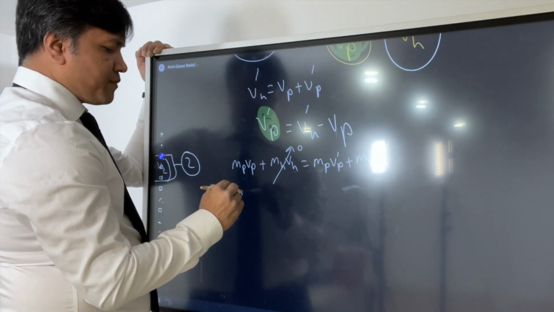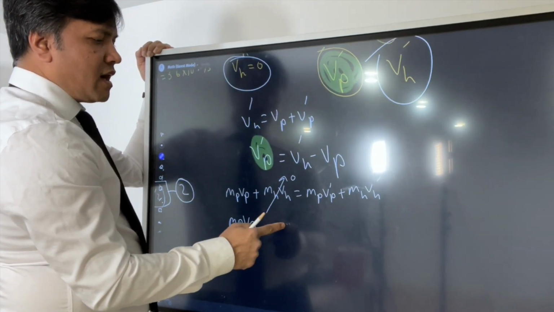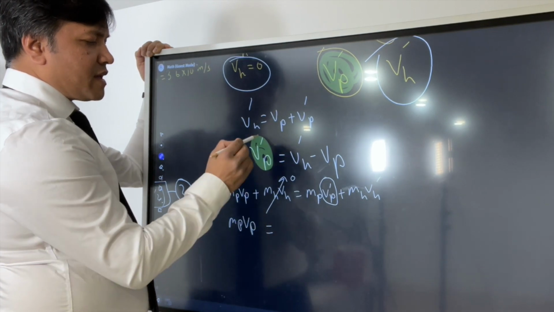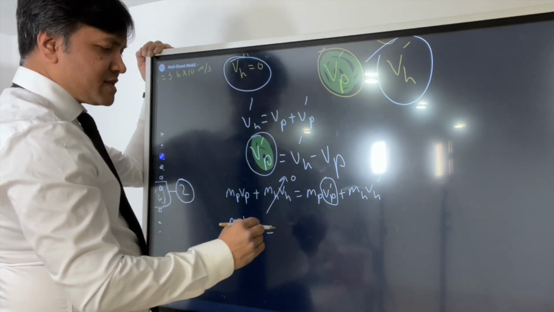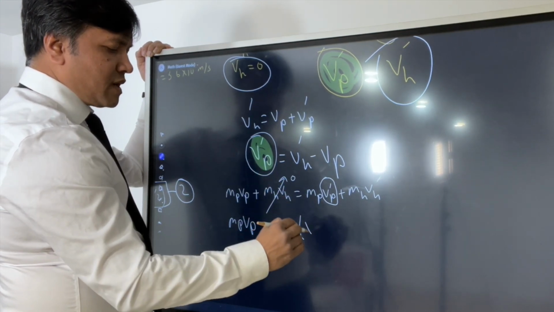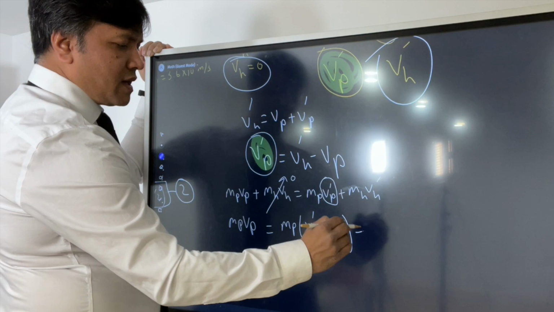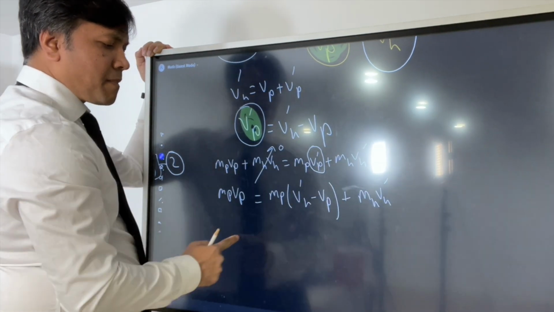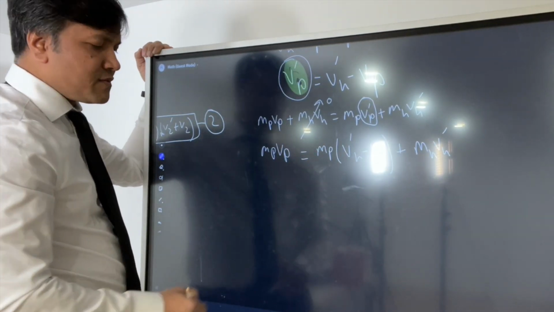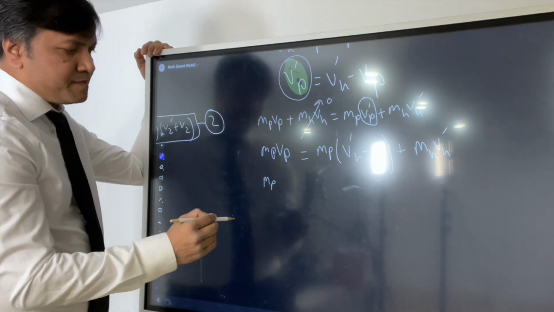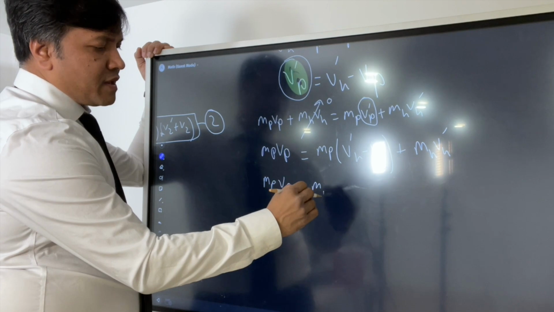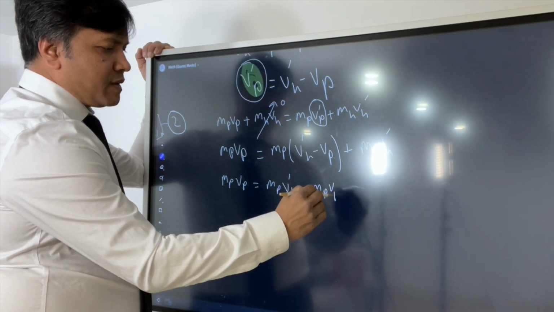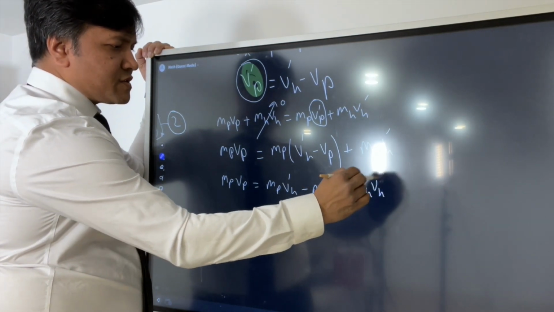So MP VP is equal to, now as you said, V prime P, and we have a candidate for V prime P, and V prime P is this one. So you're going to replace that by that: V prime H minus VP plus, now it's time to distribute. Okay, so we're going to distribute it now. MP VP is equal to MP V prime H minus MP VP plus MH VH prime.